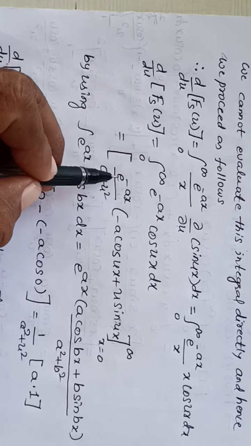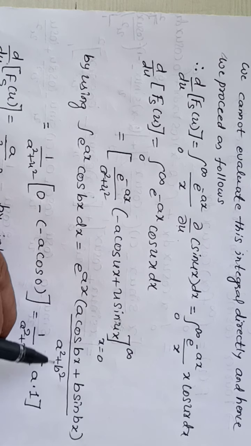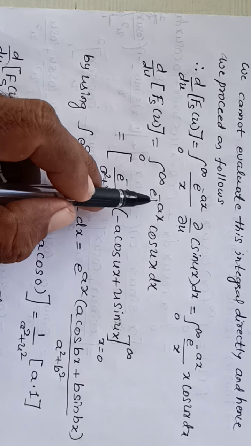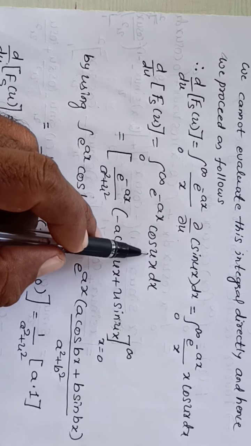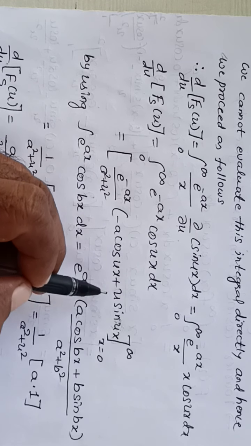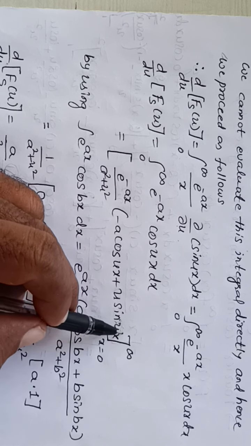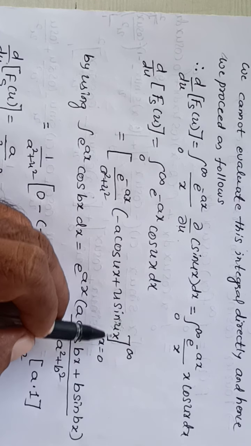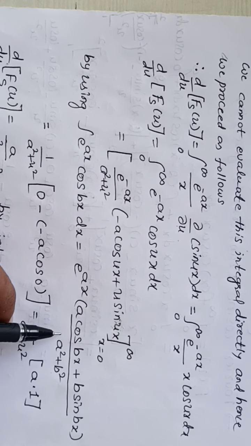Here it is e raised to minus ax divided by a square plus u square, times (minus a cos ux plus u sin ux).